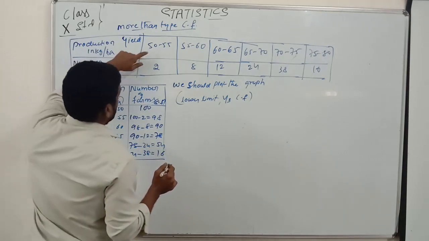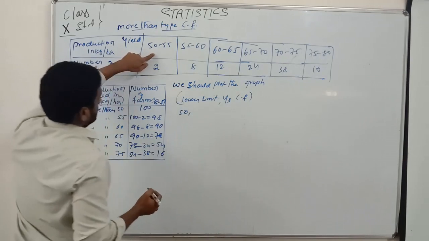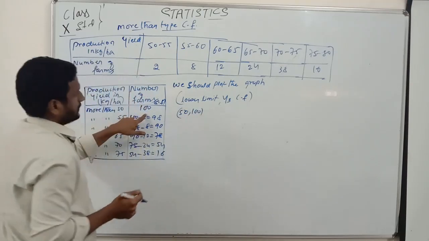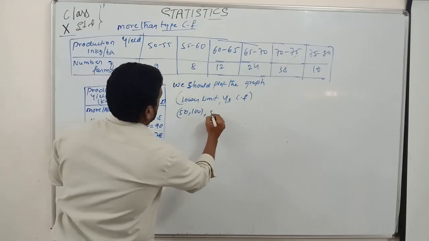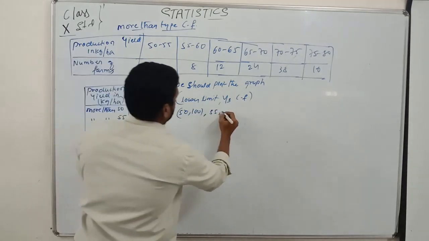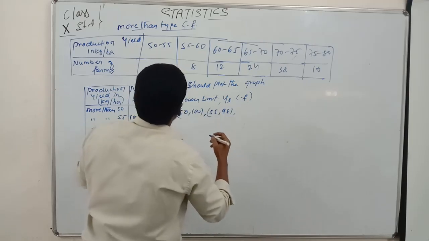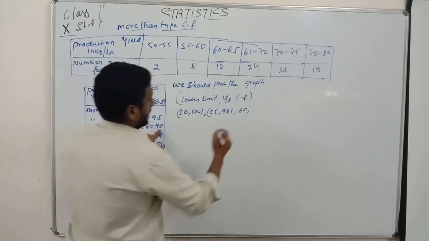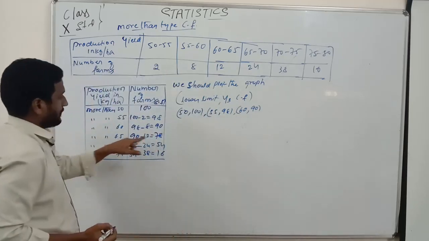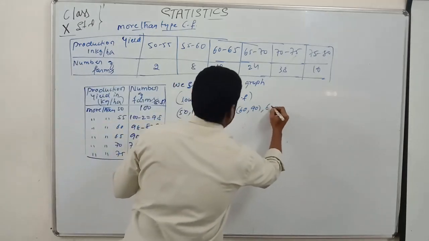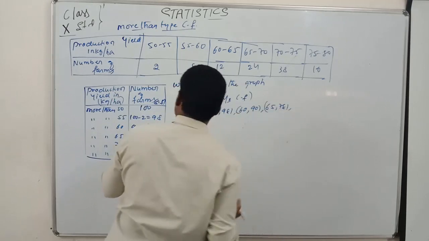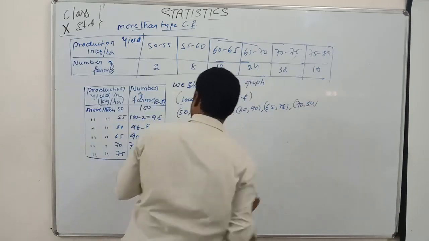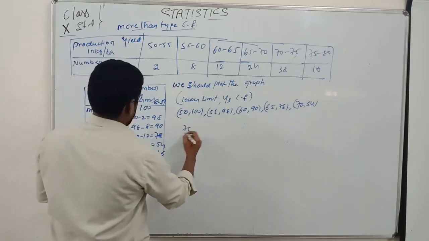So here lower limit means 50, that is 100 cumulative frequency. So 55 comma 98, then 60 comma 90, again 65 comma 78, 70 comma 54, 75 comma 16.